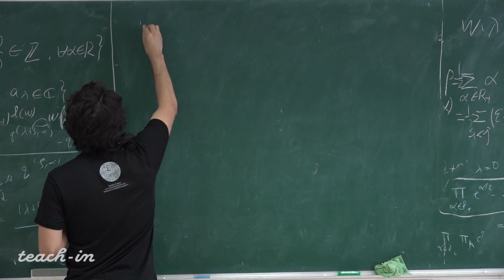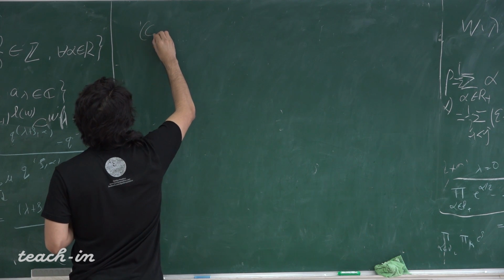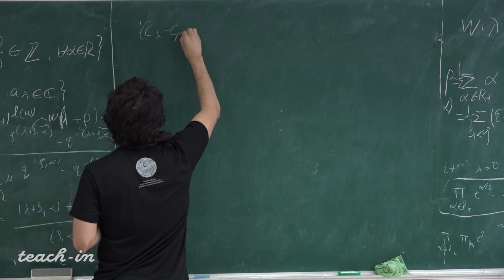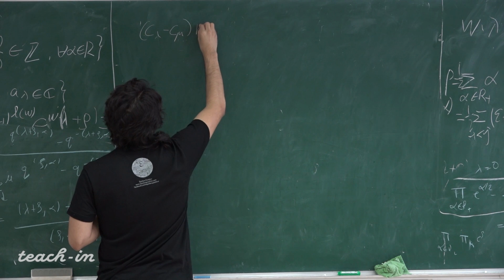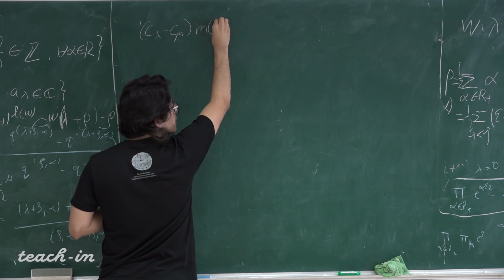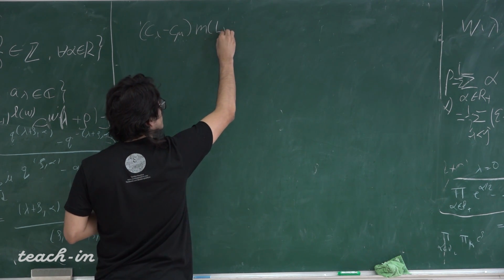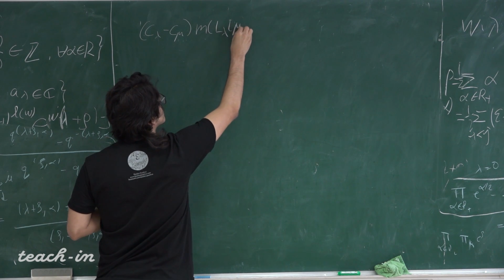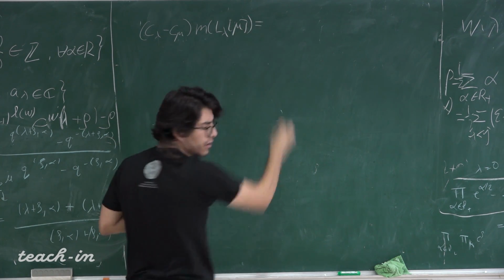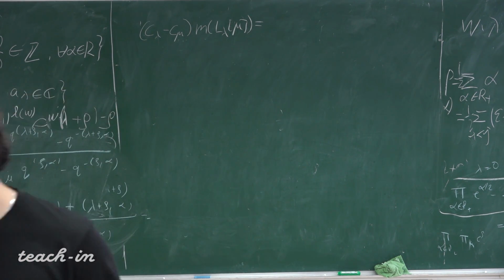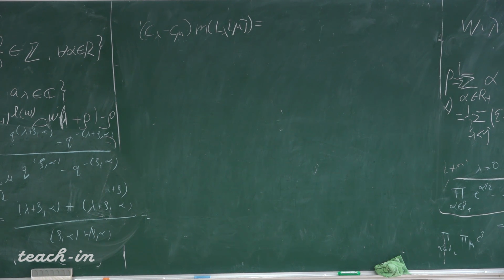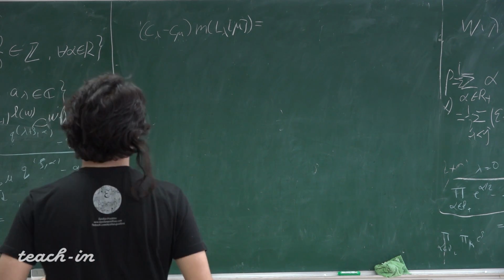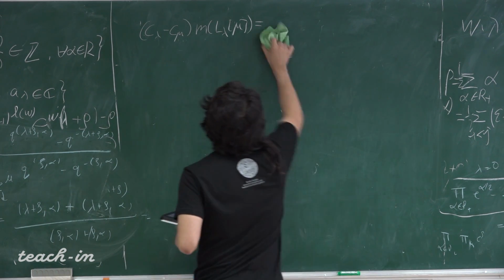Yeah, we want C lambda minus C mu times the dimension of L lambda mu, where m lambda mu is the dimension of L lambda mu.